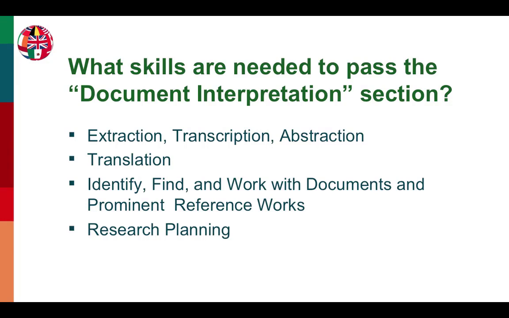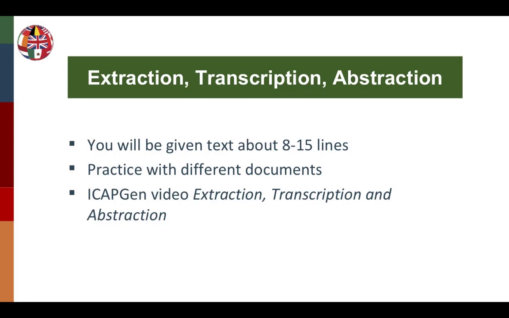So let's get started with extraction, transcription, and abstraction. Like we said when we were describing some of the questions that might be asked, you will be given texts that are about 8 to 15 lines to transcribe. I recommend that you practice with different documents. A will is going to have different words than a tax document or a birth record or some other record.